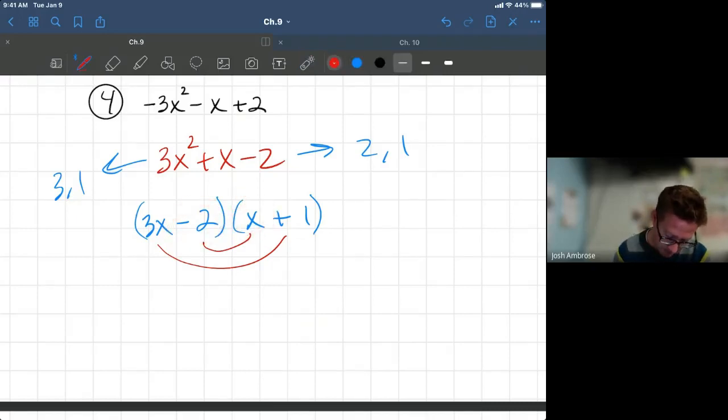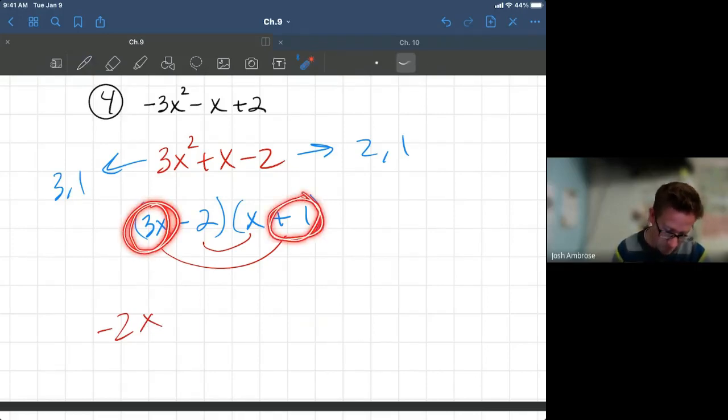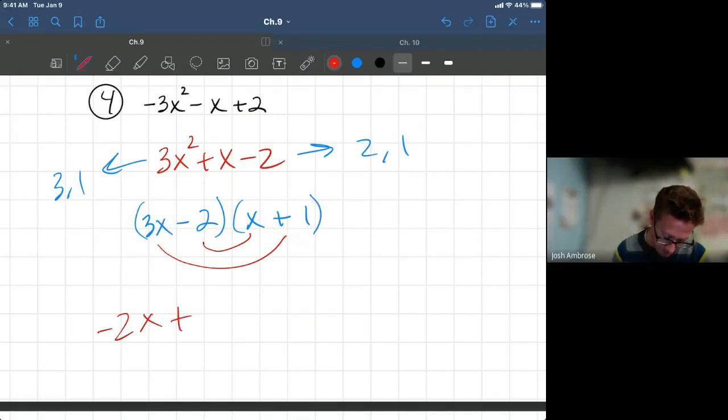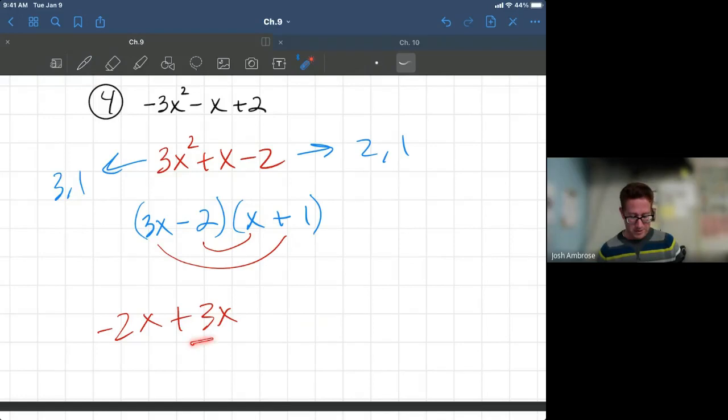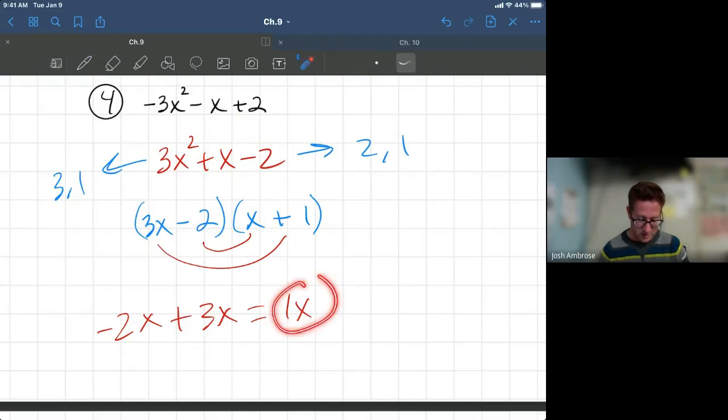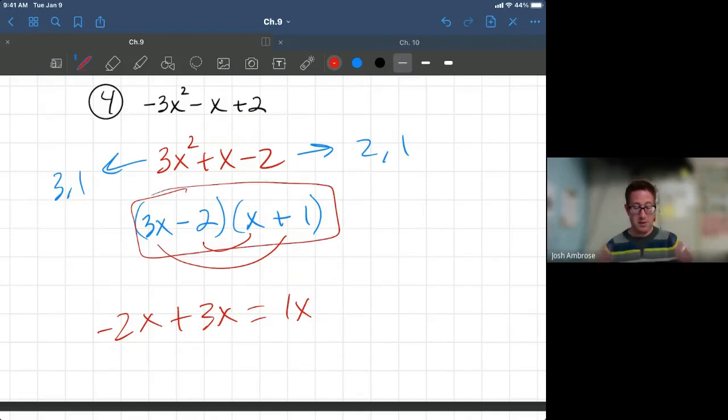That is going to give us negative 2x. Then we have a positive 3x and a positive 1, giving us a plus 3x. This is the magic combo. Positive 3, negative 2 is going to create 1x. That's what we were looking for in the middle the whole time. All right, so that means this right here is our correct, true factorization for that trinomial.